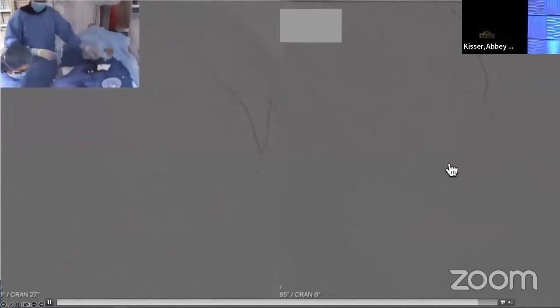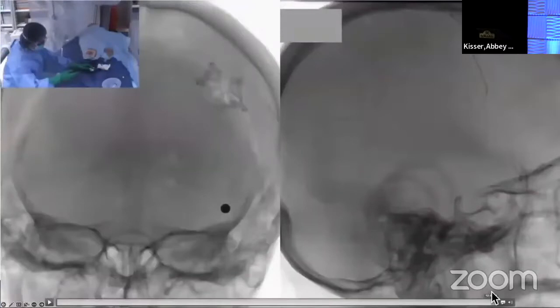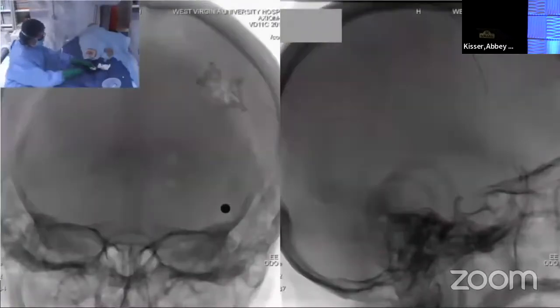In this case, the hematoma was mostly localized to the left frontal convexity, but there is some retrograde filling of the parieto-occipital branches, and the microcatheter is then removed. This is the glue cast following removal of the microcatheter, and then we do a catheter angiogram showing the occlusion of the frontal division branches.